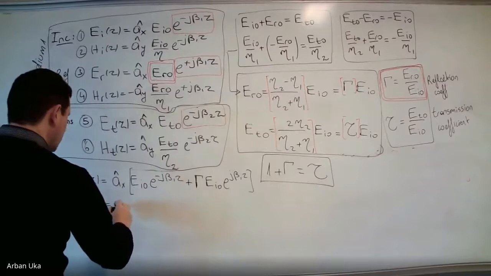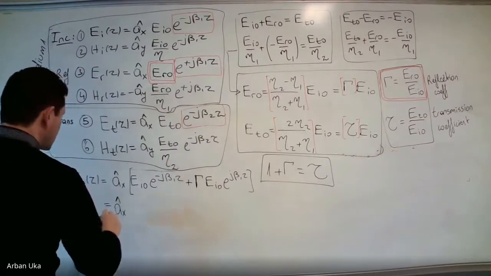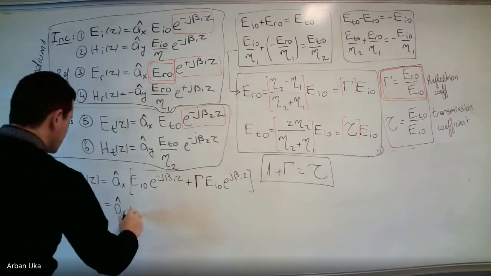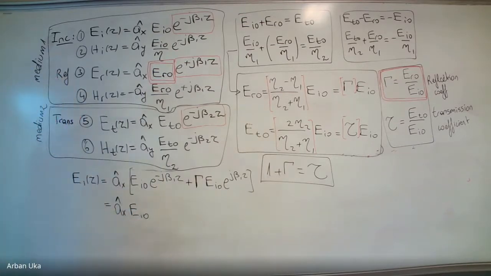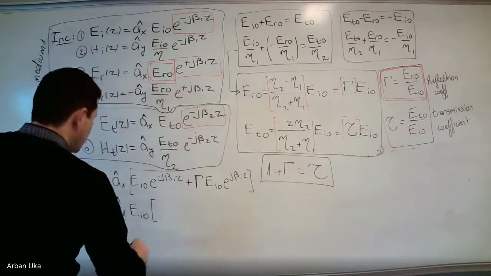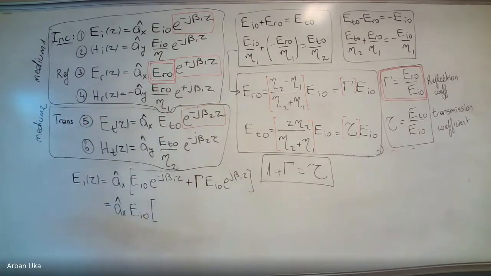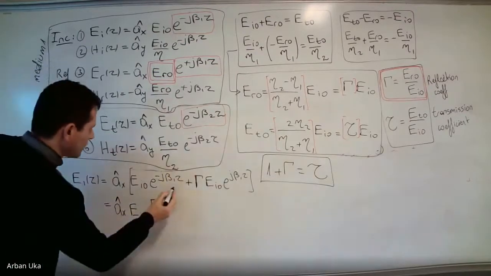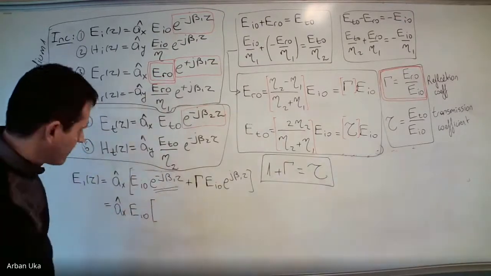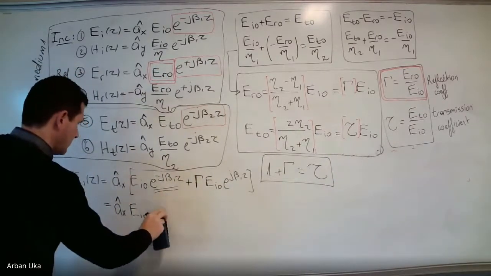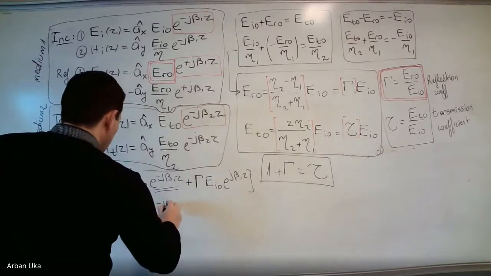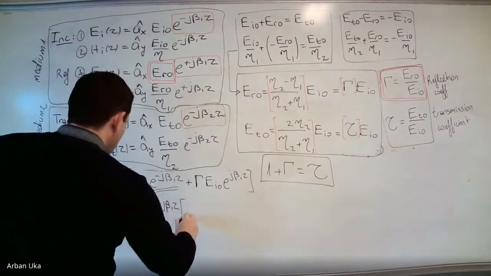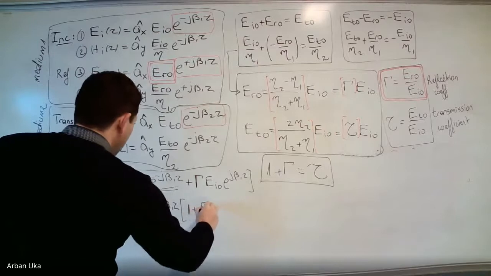We have a_x, the direction is still the same. We can factor out the amplitude of the incident wave, times, in this part, we can in fact even factor out this term here. So we get e to the power minus j beta 1 z times 1 plus eta.